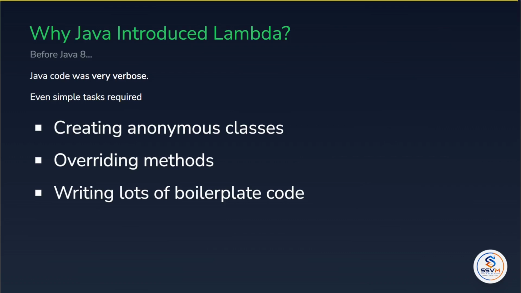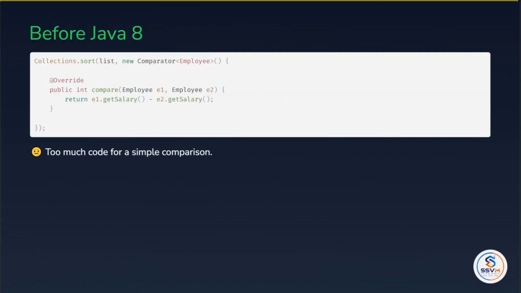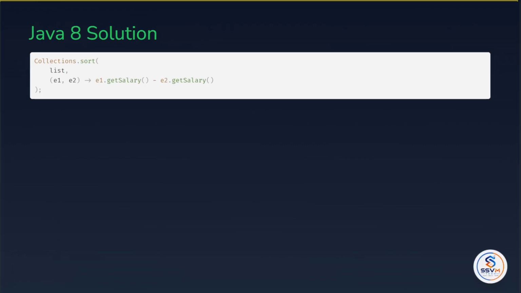We will see this with one example. Before Java 8, if you wanted to compare two employees based on their salary, we used to implement the Comparator interface. It required a lot of code for a simple comparison. From Java 8, it has eliminated that kind of thing.